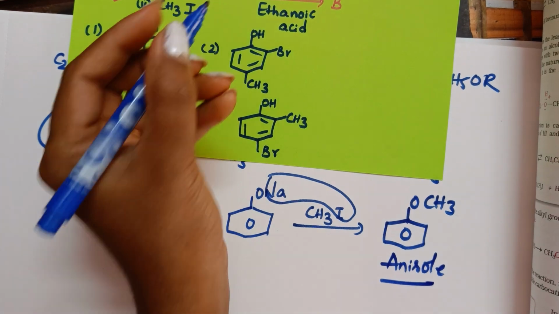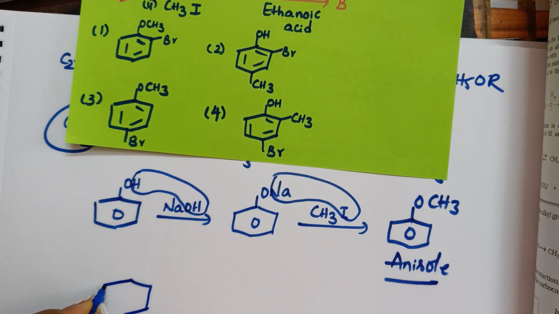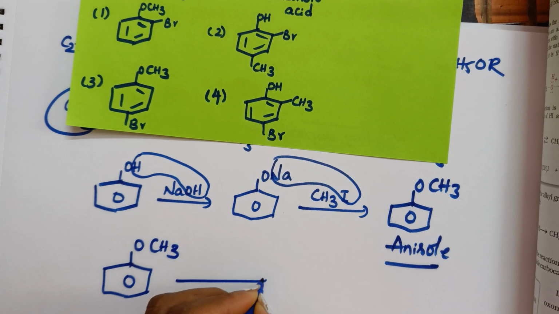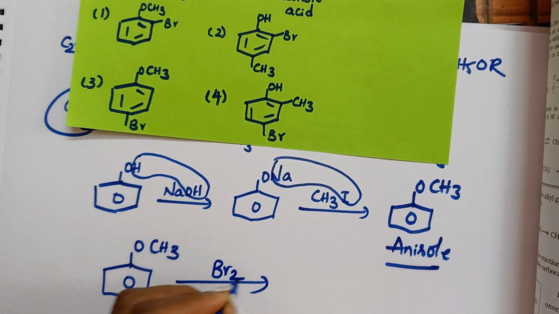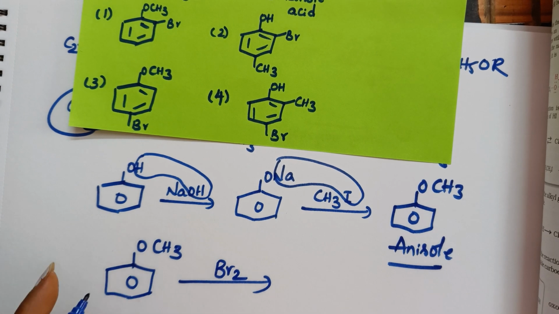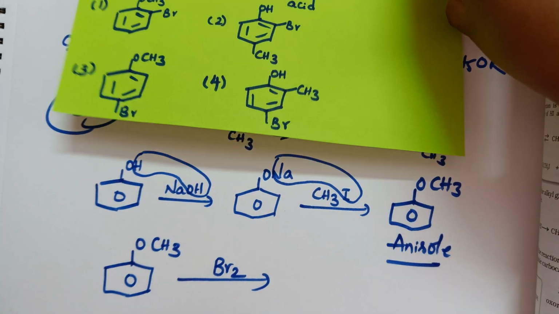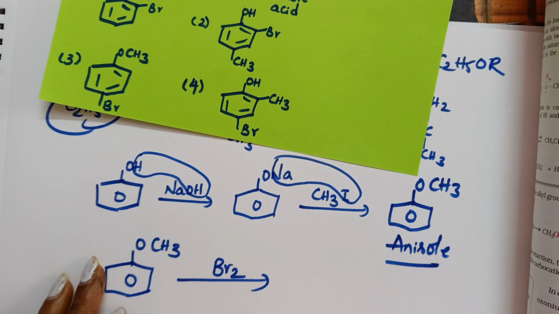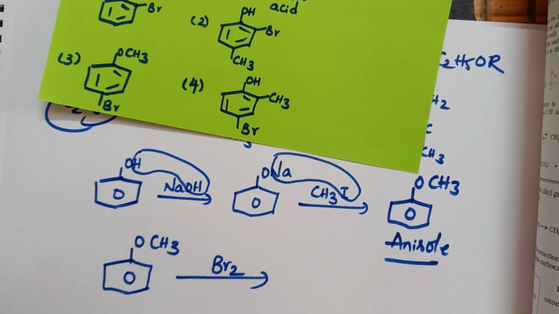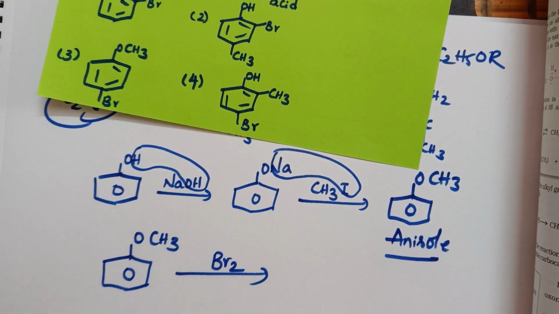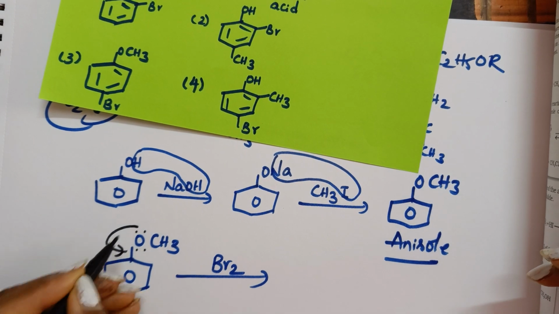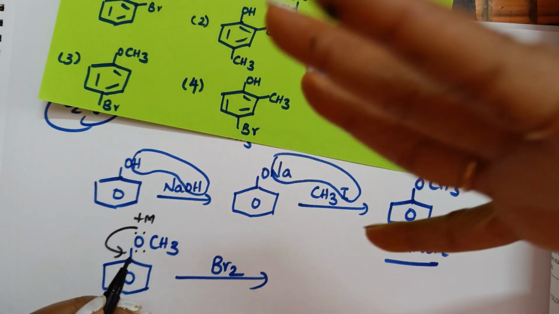This anisole further reacts with bromine in ethanoic acid. Actually, bromination is going to take place. It doesn't need any Lewis acid. In the hydrocarbons chapter in class 11, you studied halogenation reactions, where a Lewis acid is important to generate the electrophile. But here, the OCH3 group is a very good electron releasing group.